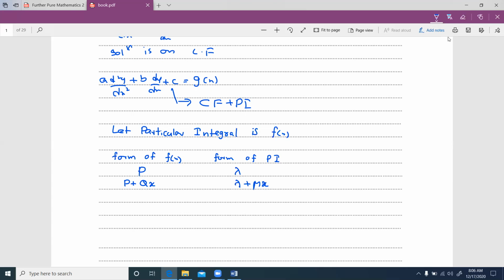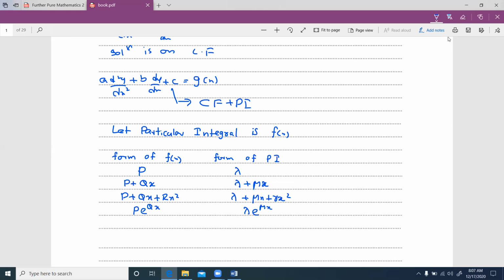If it is quadratic, p plus qx plus rx squared, this is lambda plus mu x plus gamma x squared. If it is p e to the power qx, the answer becomes lambda e to the power mu x. This is the particular integral you can obtain for different kinds of f(x).